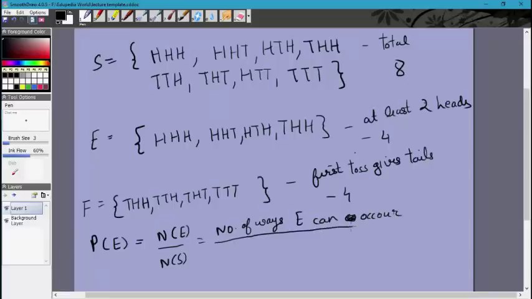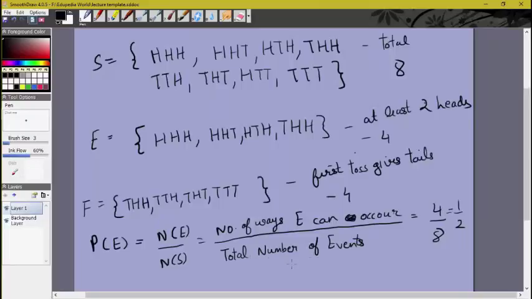S is the general set which we'll use to denote the total set. So we would write this as the number of ways E can occur over the total number of events. In this case, the number of ways E can occur would be 4. And the total number of events is 8, which comes out to be 1 by 2.